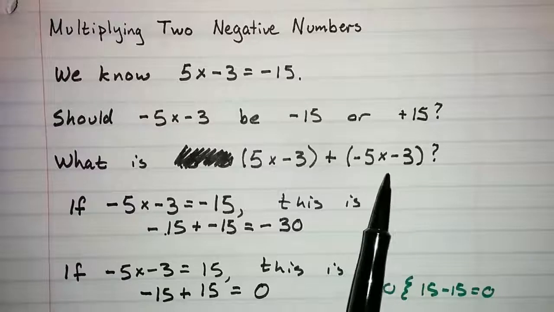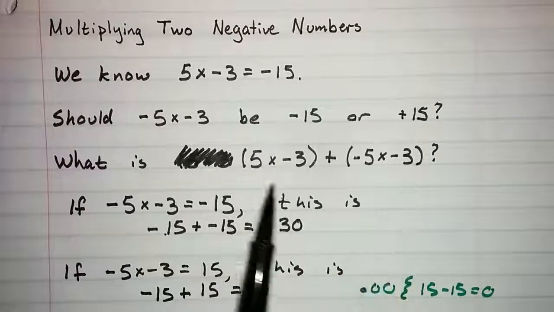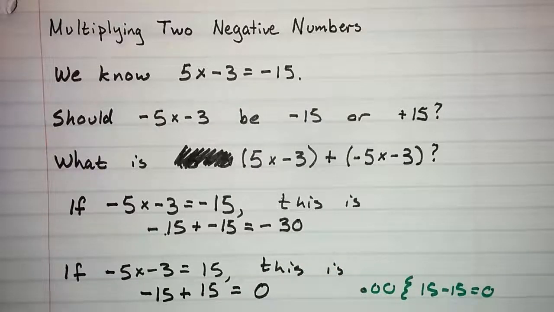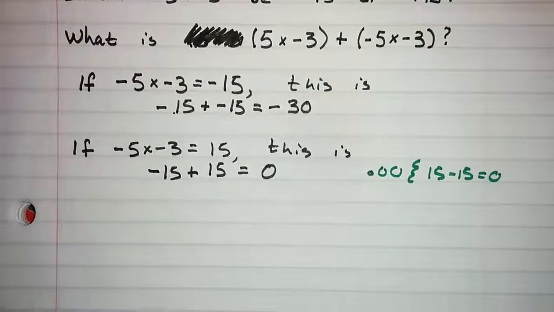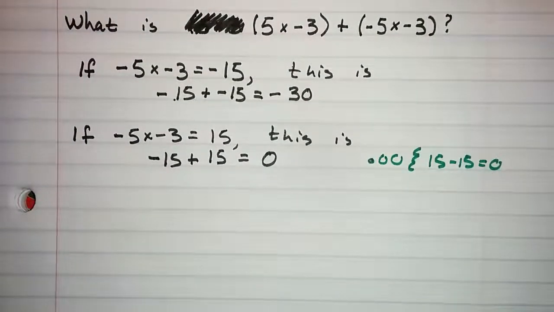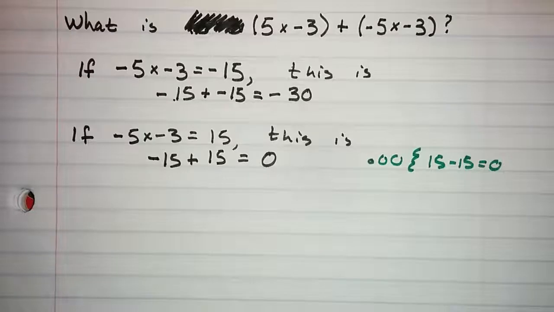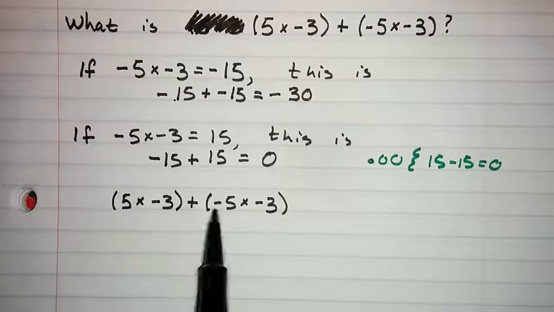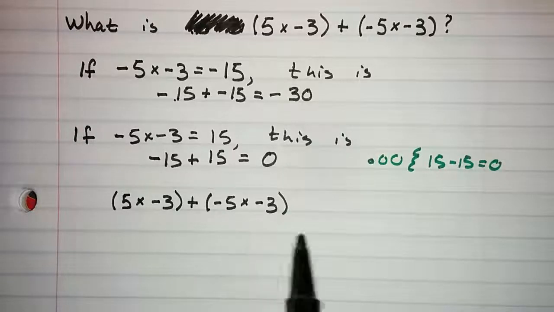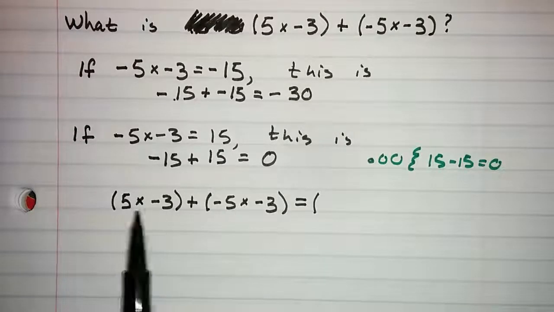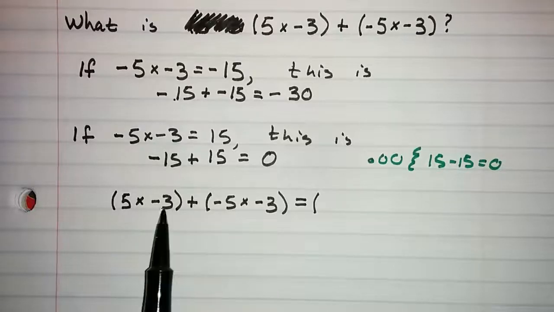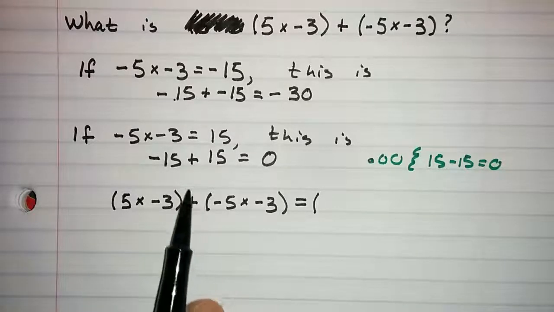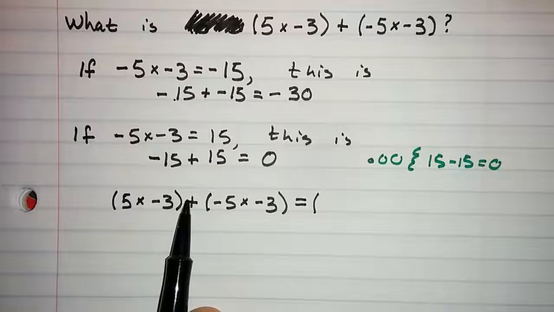Okay, but without knowing what this is, how can I work out what this whole thing is? Well, remember we had those handy properties of multiplication. And one of them said this. If I take 5 times negative 3 plus negative 5 times negative 3, I'm multiplying these two numbers by the same thing and then adding together the results.